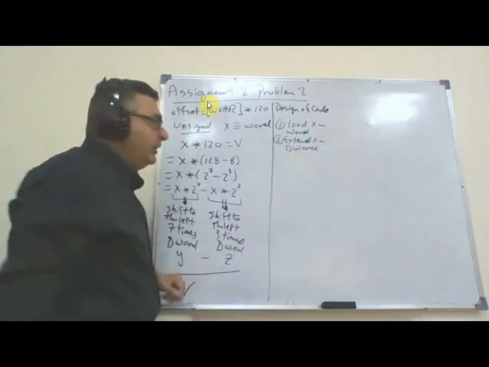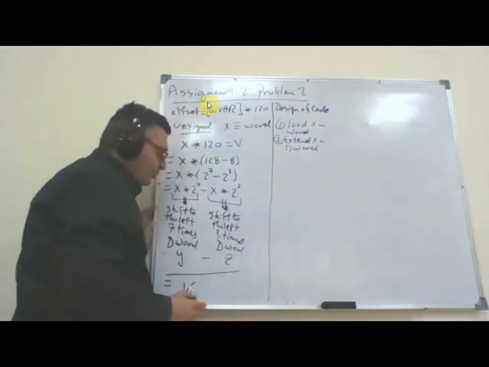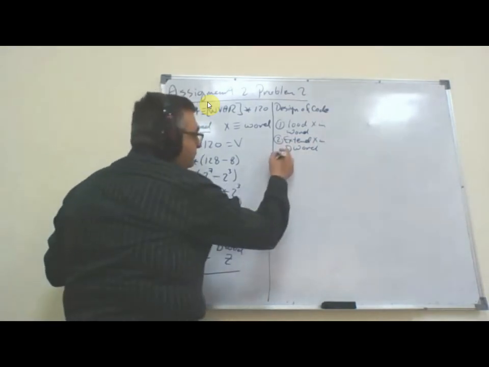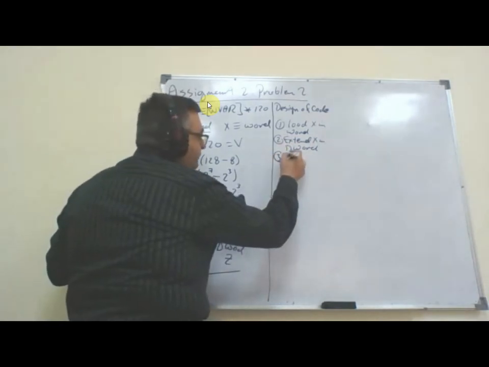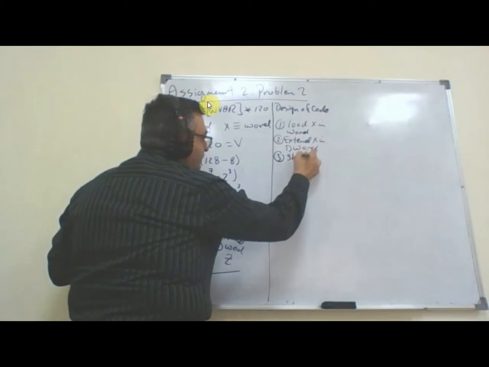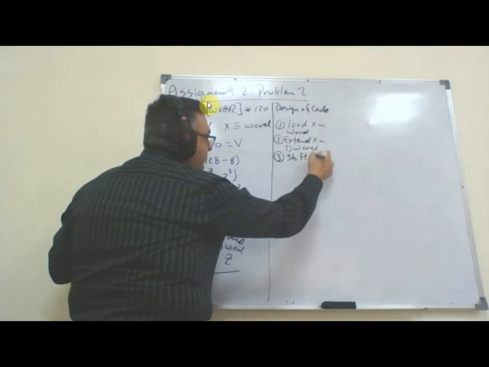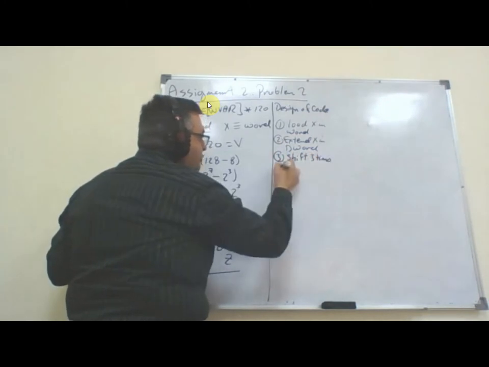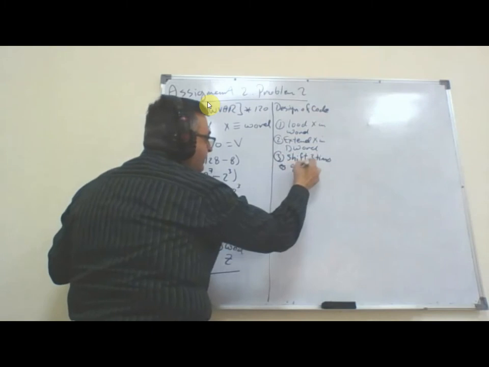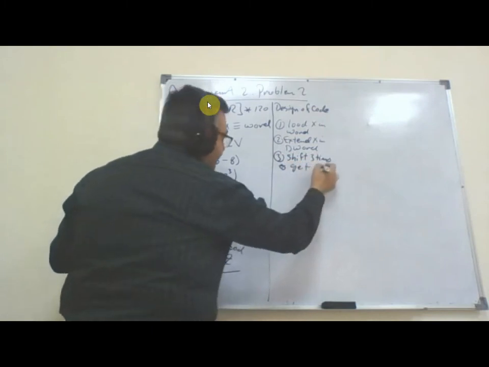And then I have to go into a shift operation, shifting 3 times to get what? To get Z.